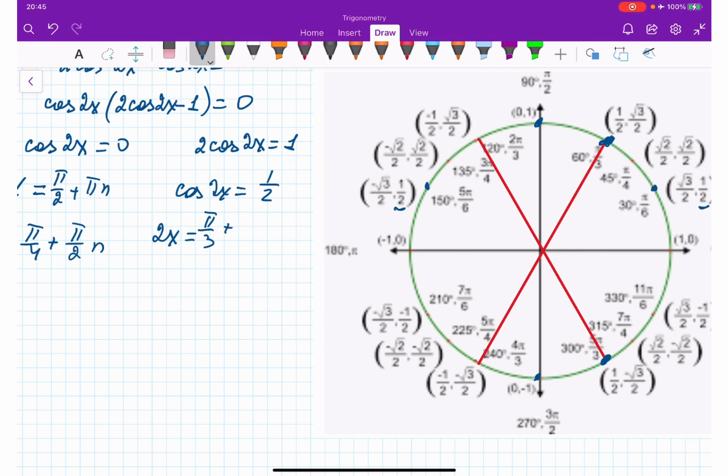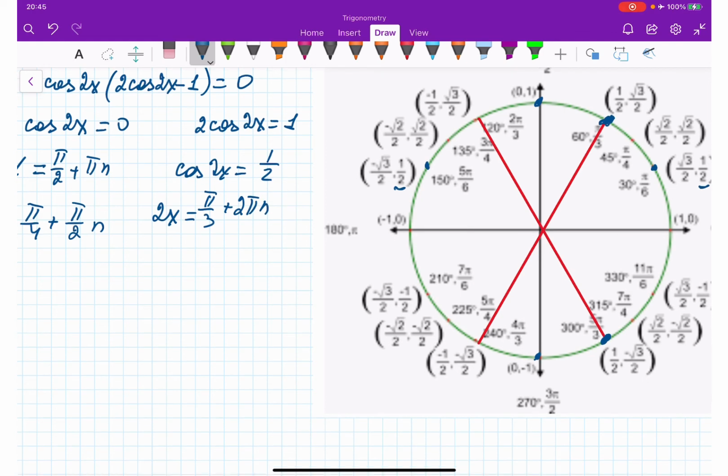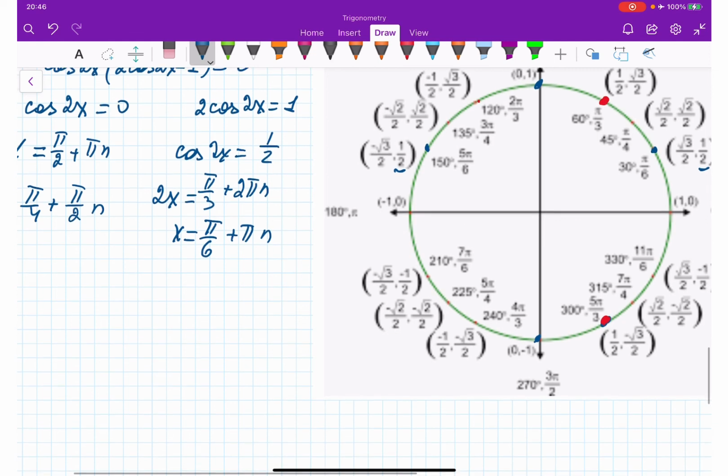plus 2 pi n, because we are interested only in positive 1/2, right? We are not interested in negative ones, only in this one. And only in this one, because only in these 2 points we have cosine equal positive 1/2. So from here, x is equal pi over 6 plus pi n, right?